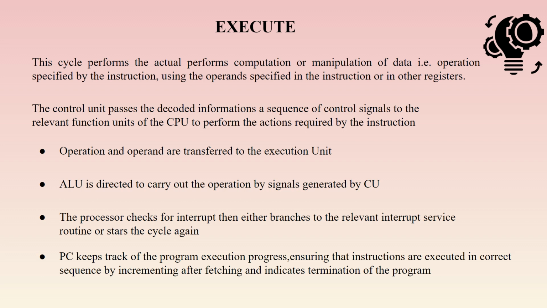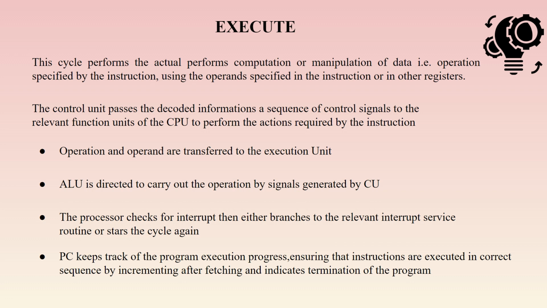The next is that the processor checks for interrupt, then either branches to the relevant interrupt service routine or starts the cycle again. That means the processor checks for an interrupt signal. If an interrupt is detected, the processor either immediately branches to an interrupt service routine, that is ISR, to handle the interrupt, or completes the current instruction before responding to the interrupt.